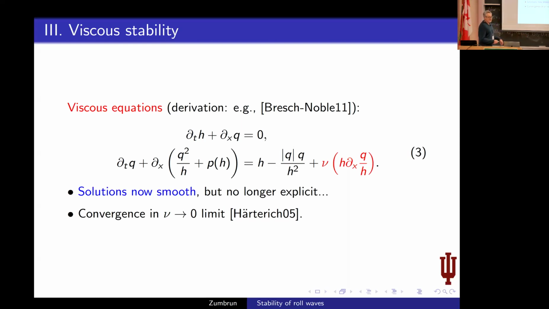That was perfect for inviscid, but it's a very tricky problem. It serves as a non-hyperbolic rest point in the geometric singular perturbation theory. Hartrick proved convergence in the zero viscosity limit. It's not at all easy.